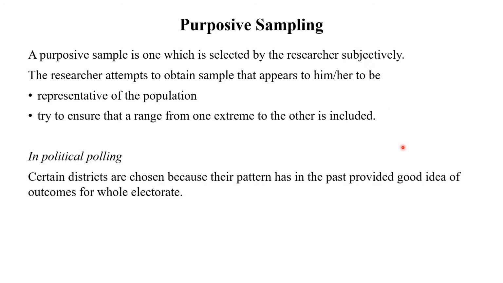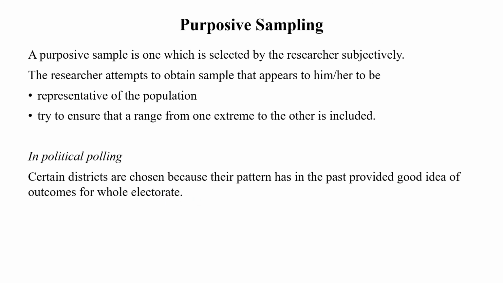All right? Like in voter polling, certain districts are chosen because the pattern in the past provided a good idea. They might do a study at one particular location because they are the kingmakers that make a difference in electoral outcomes. So most of the time, whichever constituency swings the vote, people may want to go and study it because they decide purposefully, right?